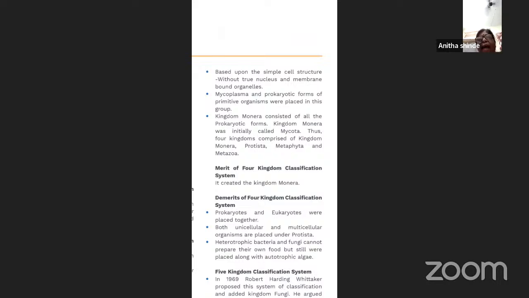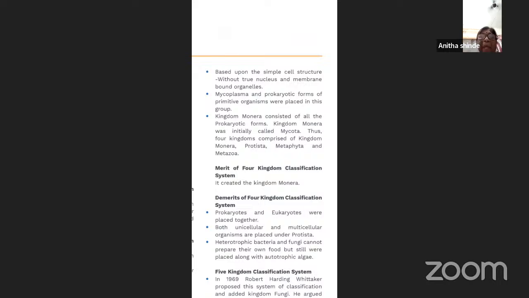So this is the four kingdom classification, in which another kingdom has been added, that is Monera, including all the prokaryotic forms which possess a simple cell structure without a true nucleus and without membrane-bound organelles.